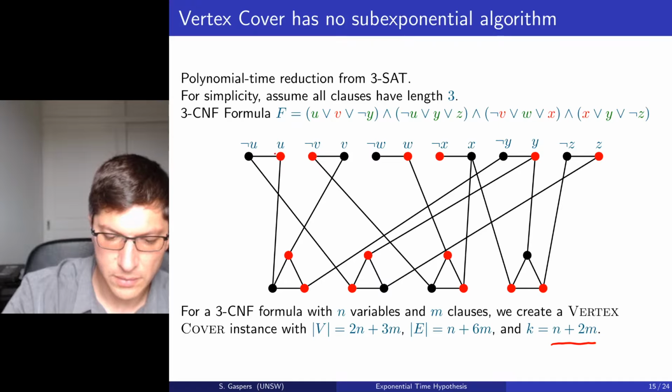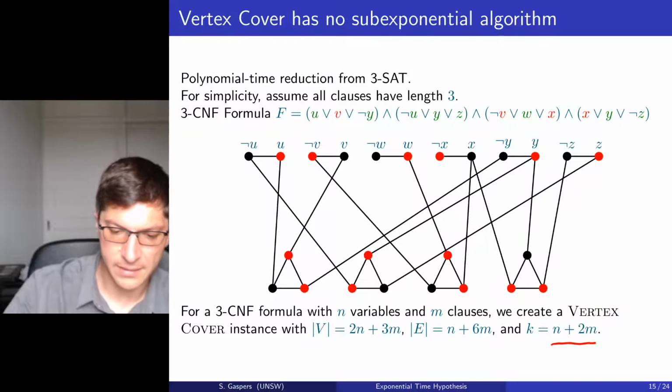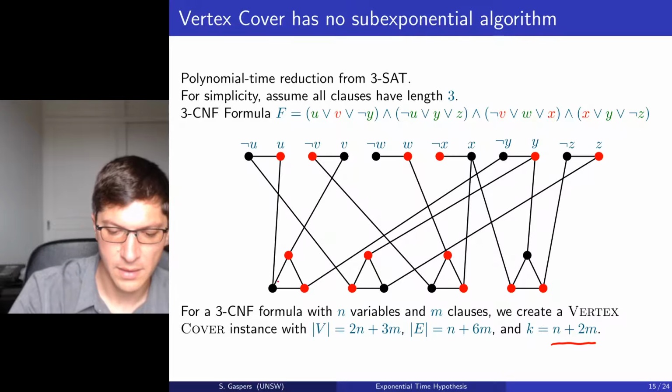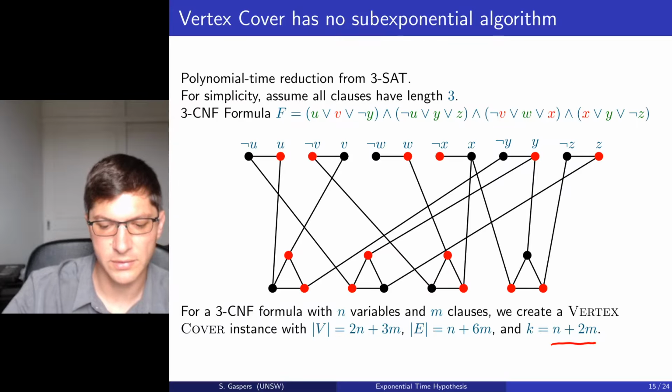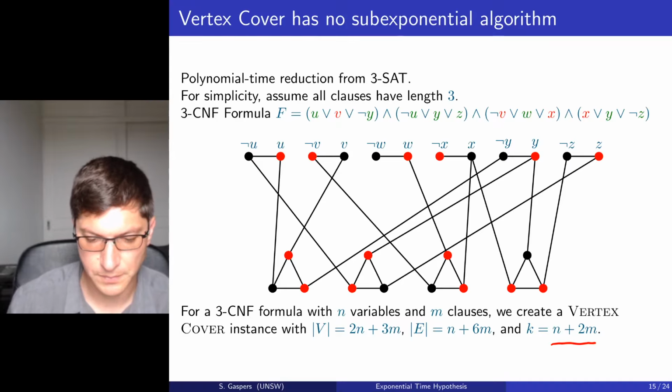Okay, so now our assignment corresponds to making the corresponding literal true. And so if this literal here, for example, is true, if u is true, then this edge that goes from u into the triangle is covered by the vertex u. And the other edges incident to the triangle are covered by the 2 vertices that we put into the vertex cover from this triangle.